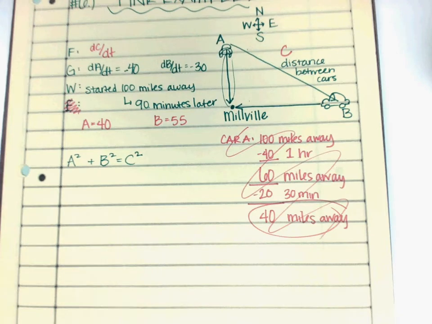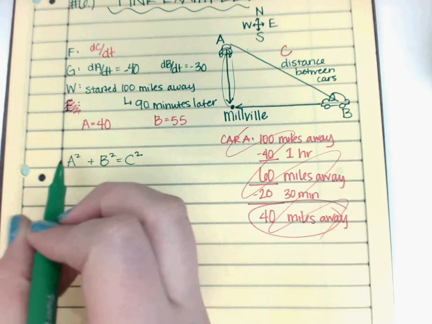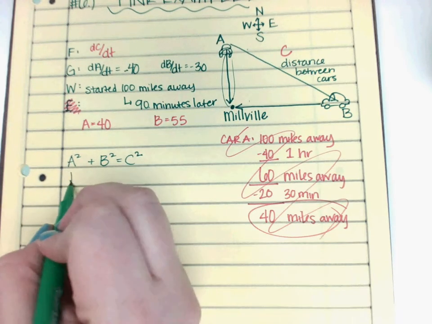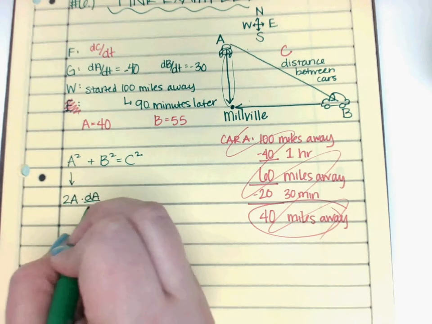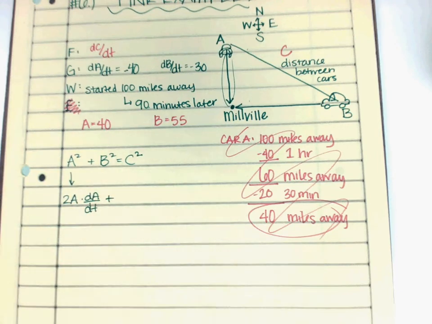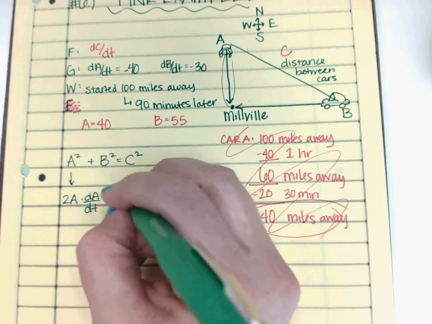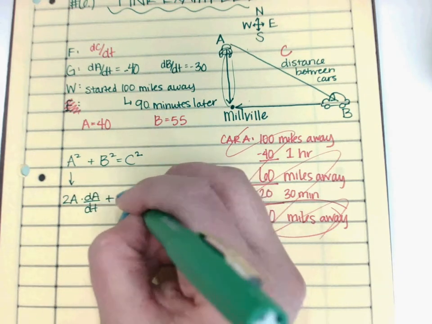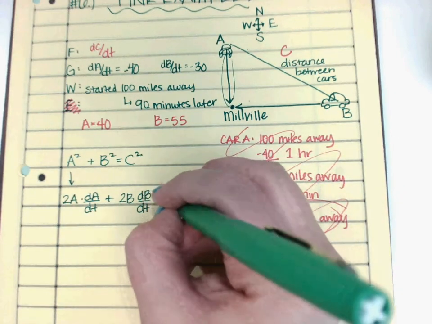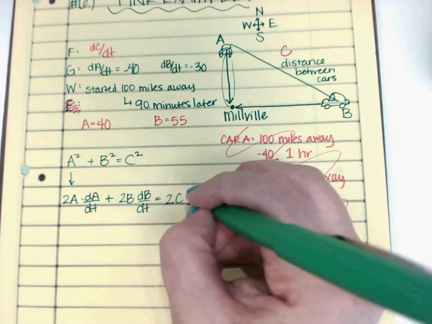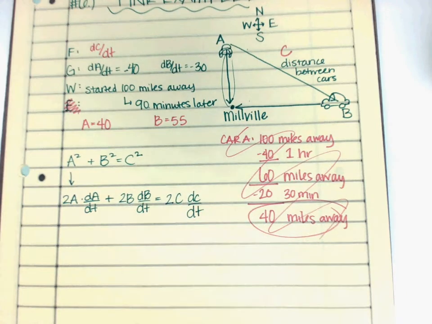What's the derivative of A squared? 2A dA/dt. What's the derivative of B squared? 2B dB/dt. And then what's the derivative of C squared? 2C dC/dt. Now let's plug in.